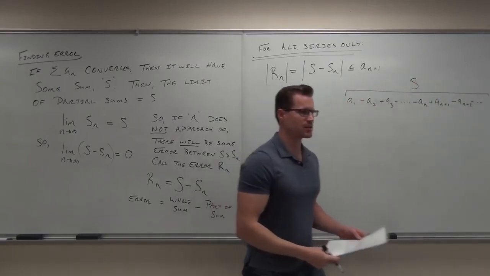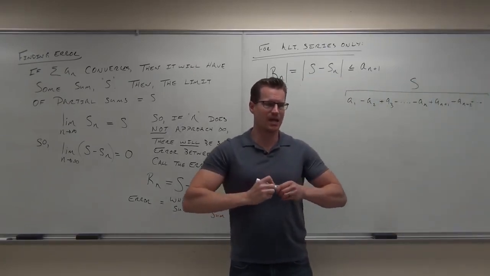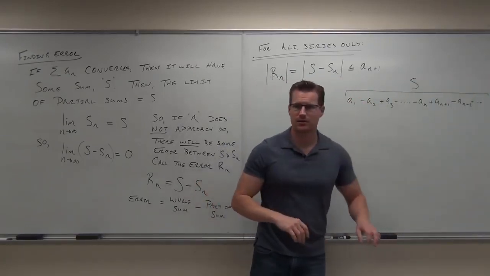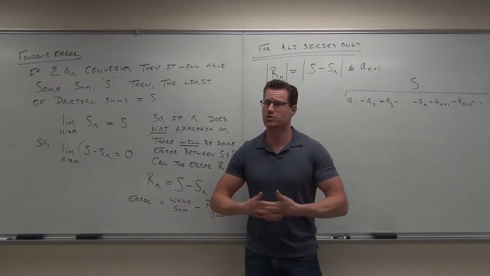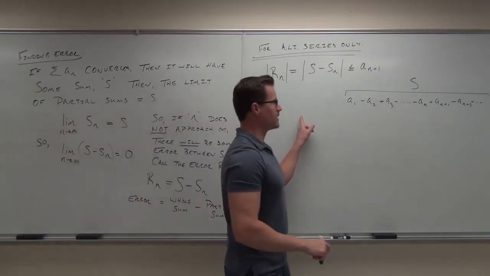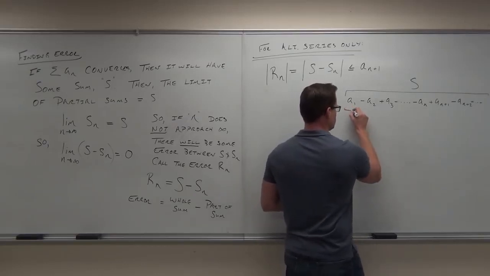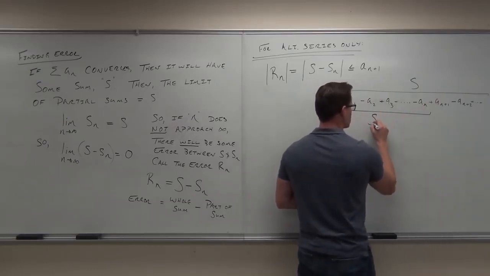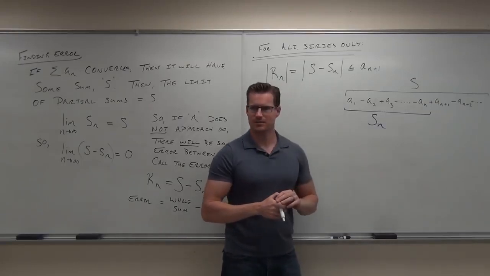Does that make sense? Can you find S sub n somewhere in that series? You have to be able to, right? Because S sub n is a partial sum. It's part of that sum, so it's got to be in there somewhere. Where does S sub n stop? At a sub n. That's S sub n. Does that make sense?